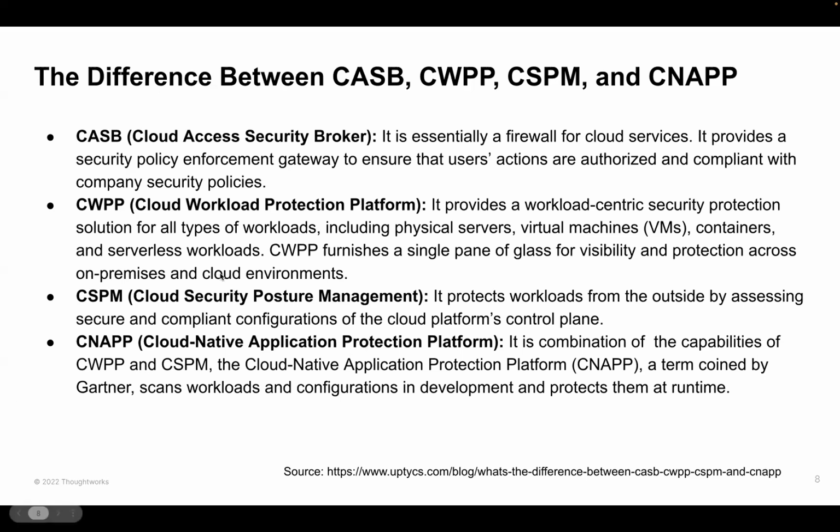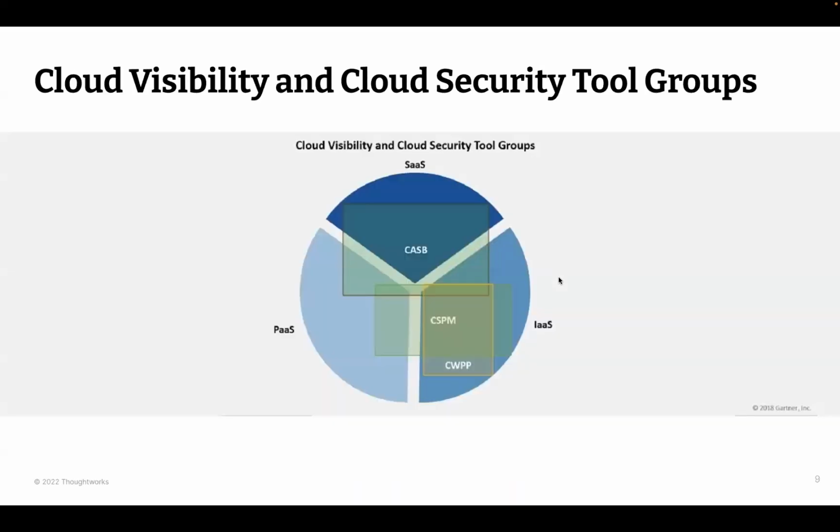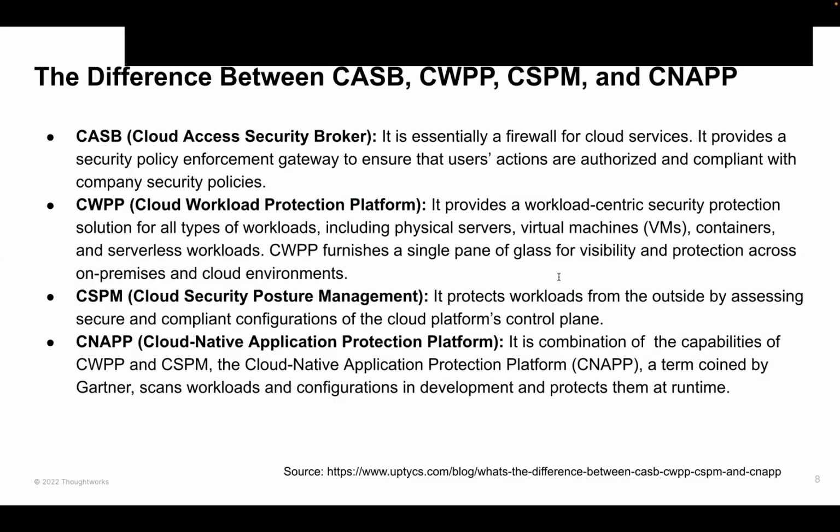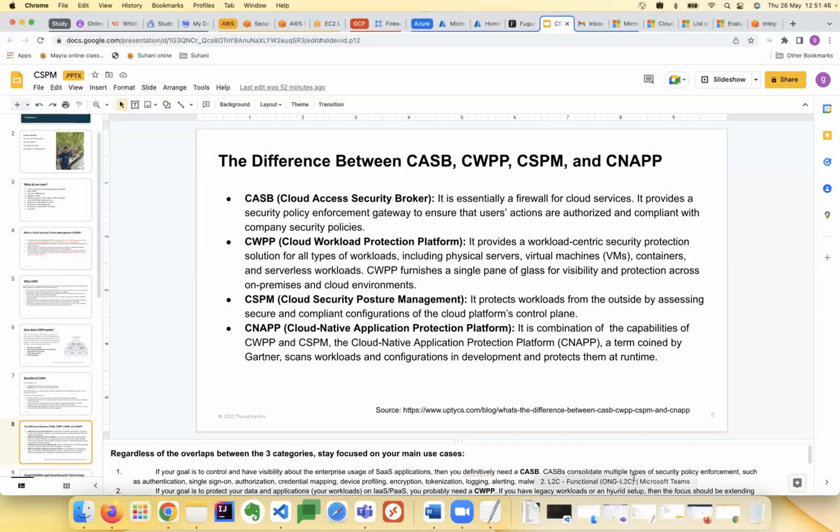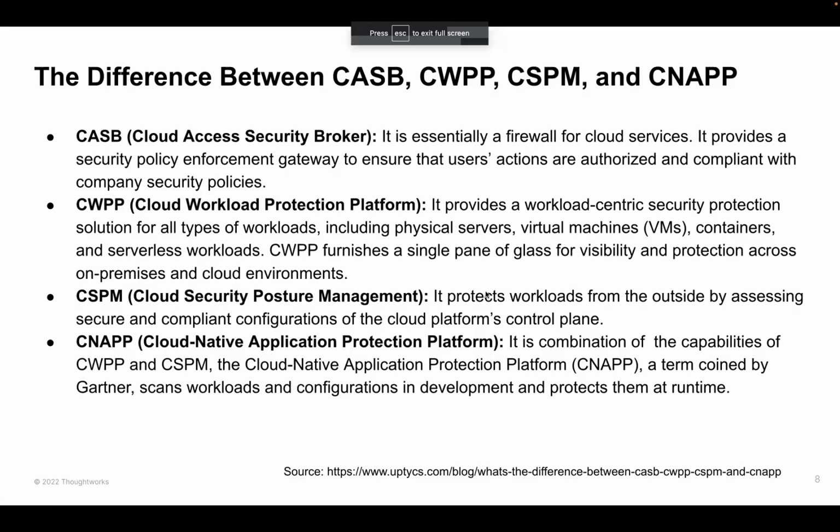It basically sits between the cloud providers and the on-prem systems and the cloud services. And it provides a security policy enforcement gateway to ensure that the user's actions are authorized and compliant with the company security policies. So this is mainly for the SaaS services.